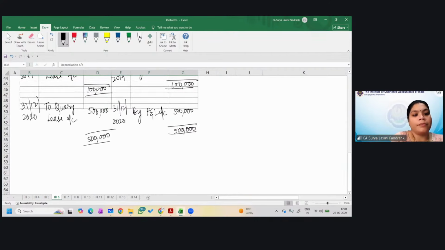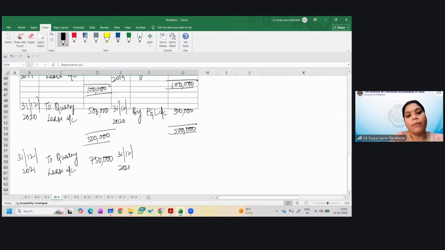Then 31st December 2021, to quarry lease account, 7,50,000, and 31st December 2021, by P&L account, 7,50,000.